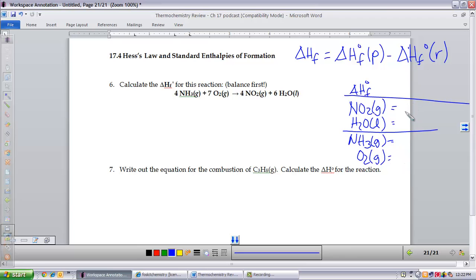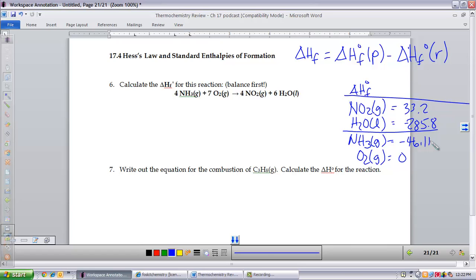Okay. All right, so here are my standard enthalpies of formation. Nitrogen dioxide is 33.2 kilojoules per mole. Liquid water is negative 285.8 kilojoules per mole. Ammonia is negative 46.11 kilojoules per mole. Oxygen is 0 because it occurs naturally.